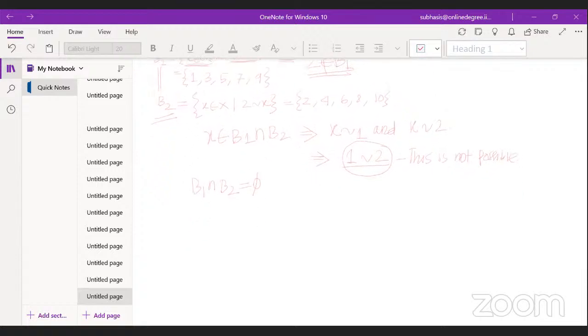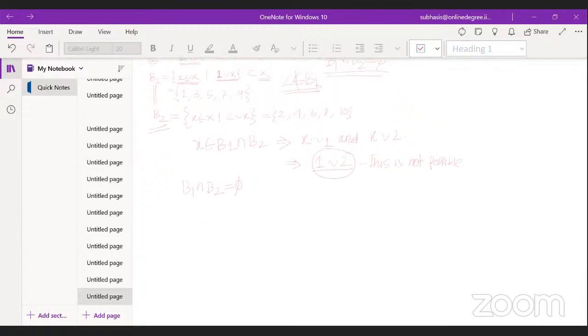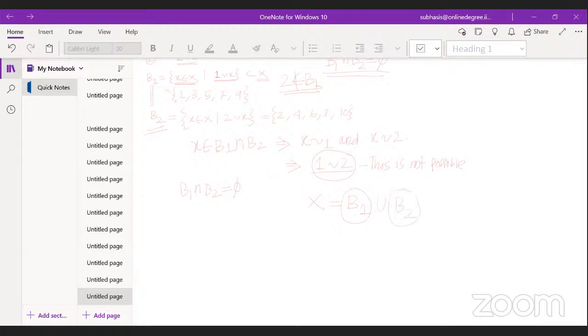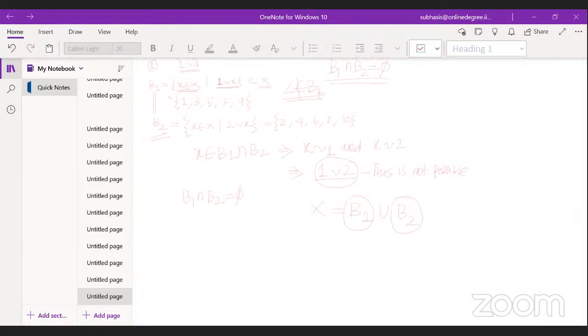So basically we are getting a partition of the set X, which is B1 and another set B2.